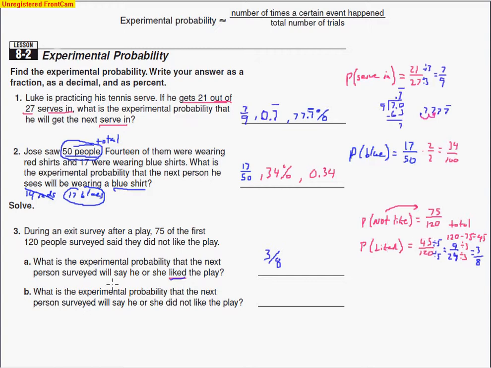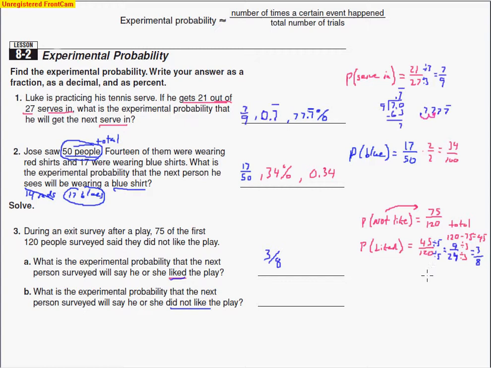What is the experimental probability that the next person surveyed will say he or she did not like the play? Well, we actually already found that. 75 over 120, but we'd have to reduce this, and we've got the reduced form already for the ones that like the play. So all you have to do is do the subtraction again. Use that little method I showed you over here.